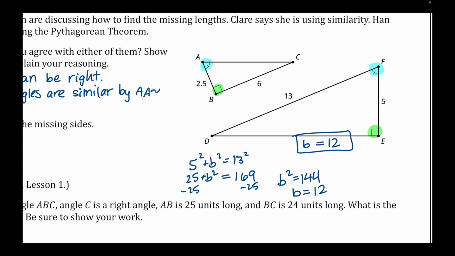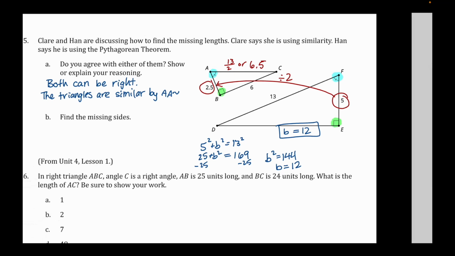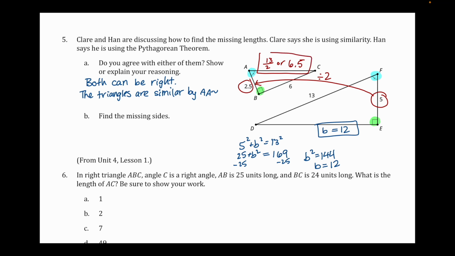So I can say that this would be 13 over 2 or 6.5. I'll probably do this in red just to show my other method. Divide by 2. 13 divided by 2, or 6.5, would be our answer here. Okay. And that is my answer.